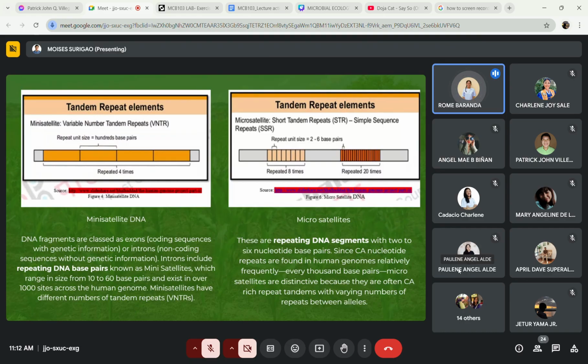So both mini satellites and microsatellites, they are actually valuable for, again, genetic and forensic studies. However, yung microsatellites, they are more widely used due to their high variability and shorter, more manageable repeat units.